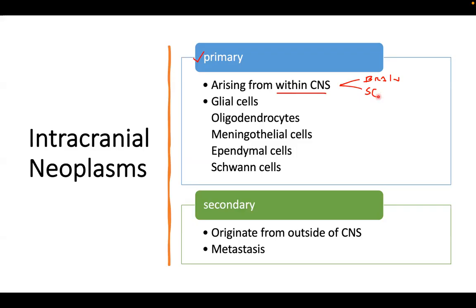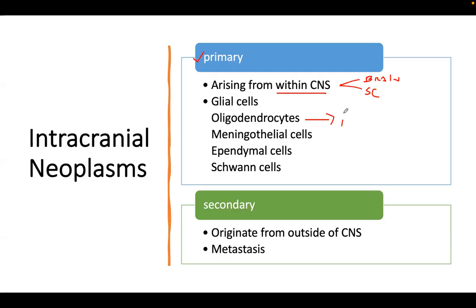Now, they can arise from the glial cells, which I will expound on in a while, the oligodendrocytes, the meningothelial cells, the ependymal cells, and the Schwann cells. Now, can anyone tell me what important lipid is produced by the oligodendrocytes? Can you type in your answers in the chat box or in the comments?